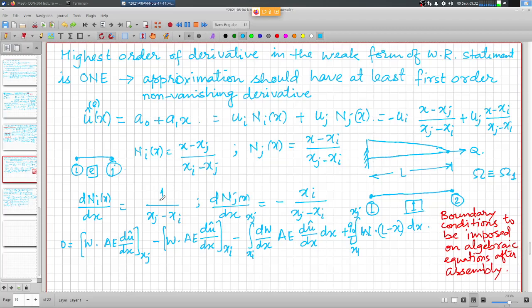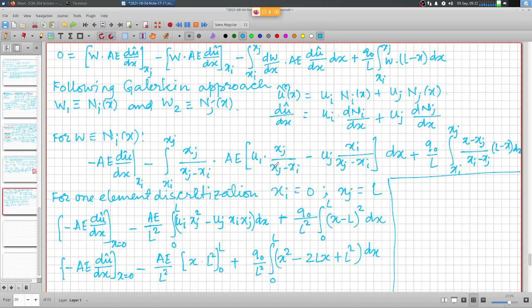Dni by dx is equal to, this term gets derivative, so 1 by xj minus xi, and this is also 1, and this would be minus 1. Now it's okay. So that is what we were doing wrong.